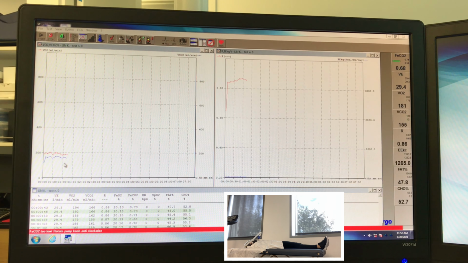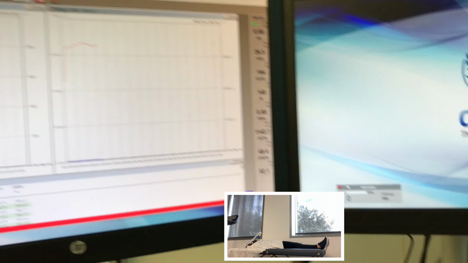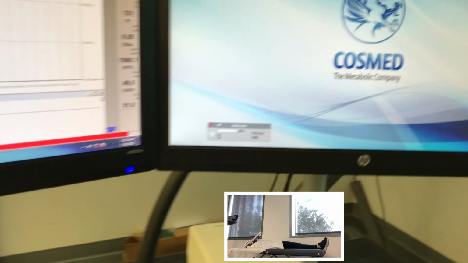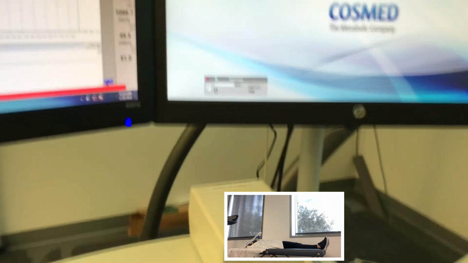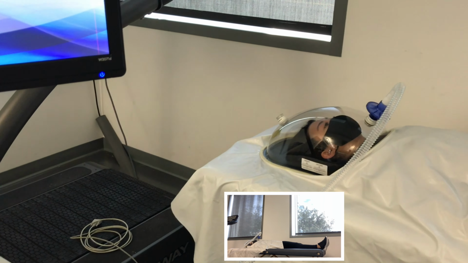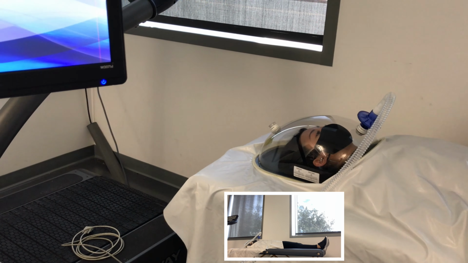One thing that's important during this data collection is that the flow of air through the canopy hood and the tube is constant. And so we have this little device over here that is regulating the flow of air that's going through those tubes from what our client is breathing.